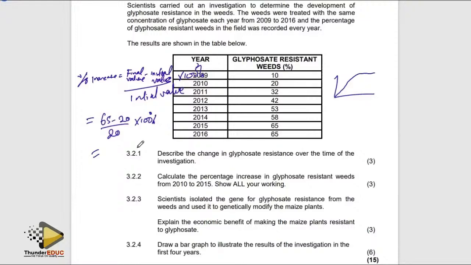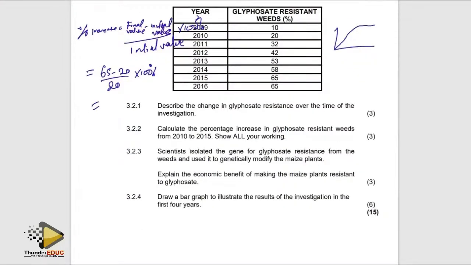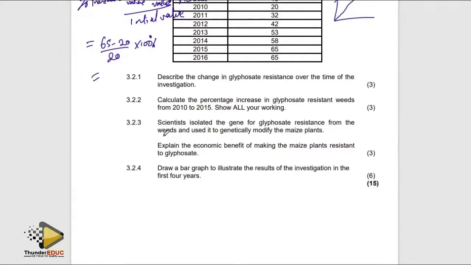So please try and focus: we have the same format of setting, so we cannot set outside the examination guideline. So scientists isolated the gene for glyphosate resistance from the weed and used it to genetically modify the maize plant. Explain the economic benefit of making the maize plant resistant to glyphosate.